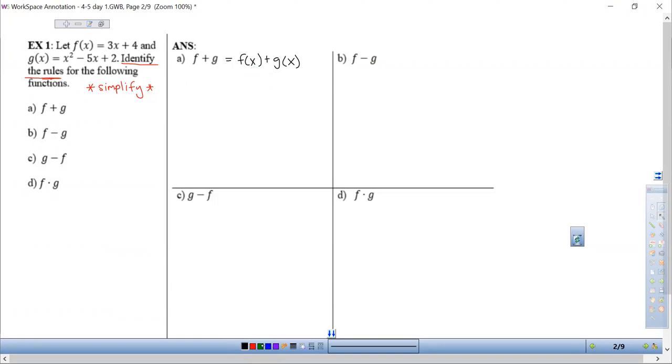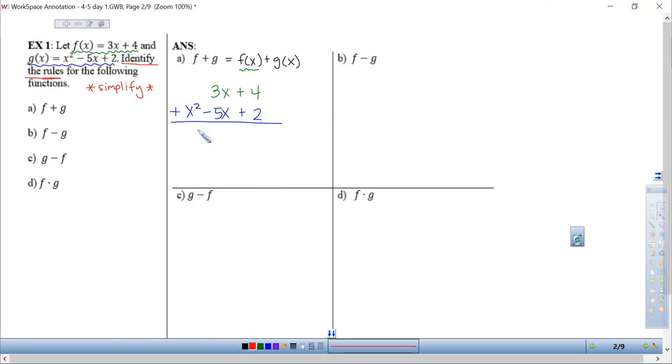So f of x in this problem is 3x plus 4, and g of x is x squared minus 5x plus 2. So I'm going to add x squared minus 5x plus 2 with f of x, 3x plus 4.